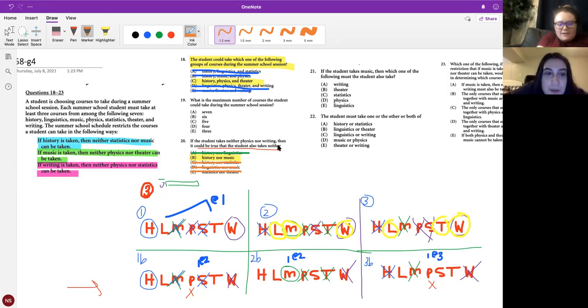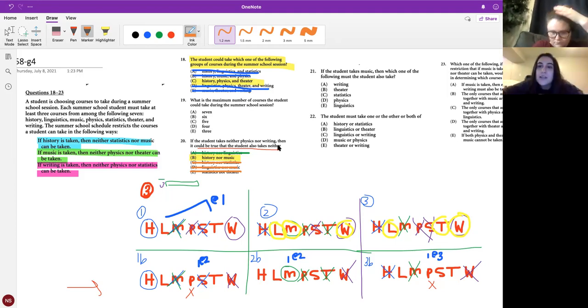A and B. So they must also take L. Of the 2 that they must take regardless, in both worlds they take L in the first one because we can't take W in the second one. And they have to take at least 2, so L has to be in it.